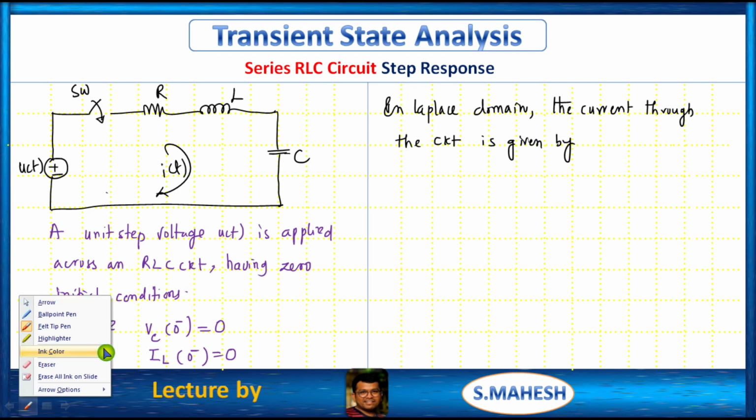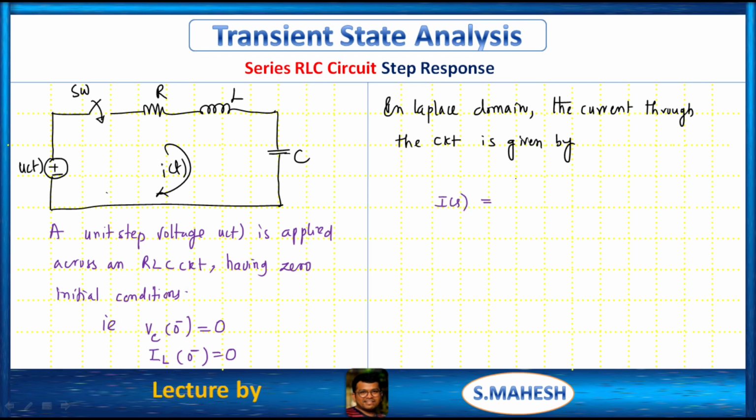We all know that I of s should be equal to 1 by s divided by R plus Ls plus 1 by Cs. Just apply KVL, from that we will get I of s. That's why here I can write directly the value of I of s, since Laplace of u of t is nothing but 1 by s, and Z of s should be equal to R plus Ls plus 1 by Cs. Clear?